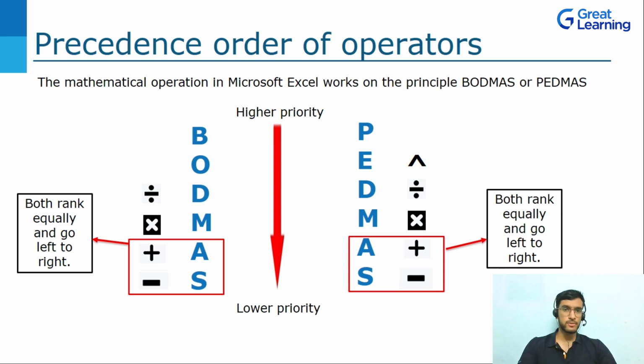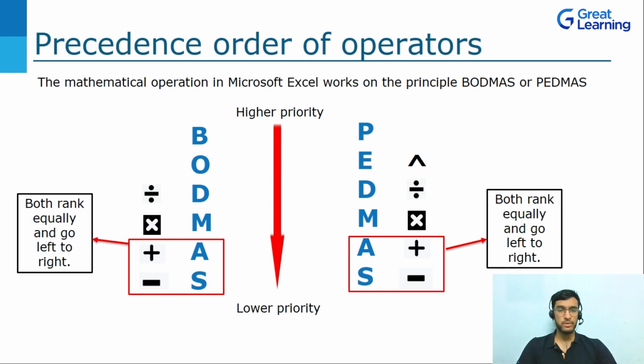Microsoft Excel imposes a hierarchy on the mathematical operations, and it goes like first comes exponential, followed by division, multiplication, addition, and subtraction. But addition and subtraction are both equally ranked, and whichever Microsoft Excel encounters first gets executed first. That's how the priority of operators works in Microsoft Excel, and this plays a major role when we use mathematical operators in a formula.